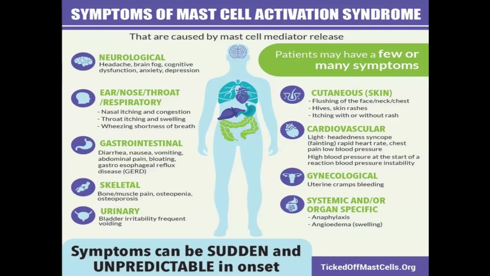This one is characterized by flushing of the face, neck, and chest because of the mast cell activation. It can also affect your cardiovascular system and GI tract, with diarrhea, nausea, vomiting, and so forth. So symptoms in mast cell activation syndrome can be sudden and unpredictable.